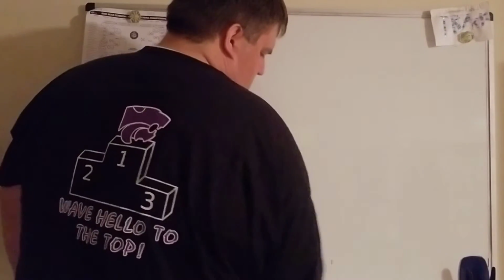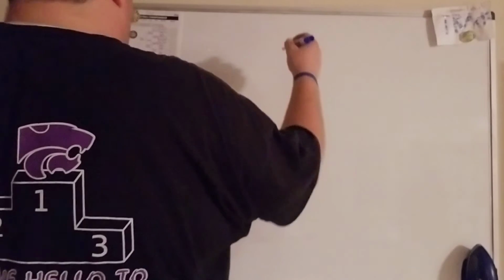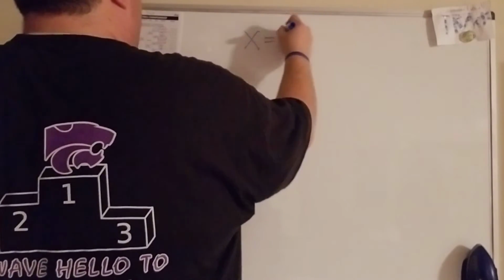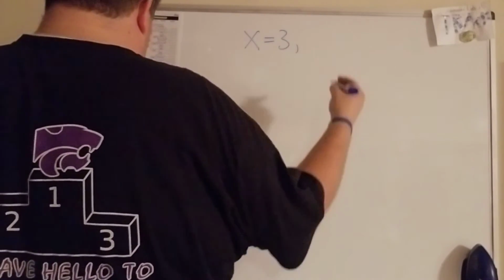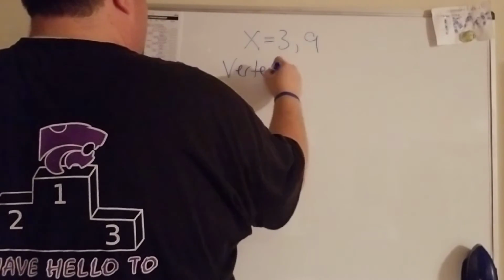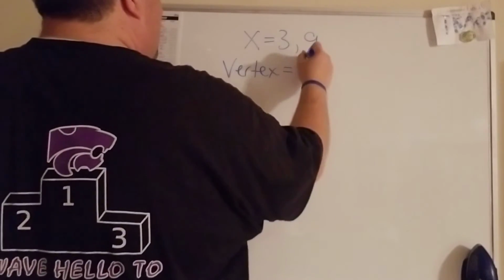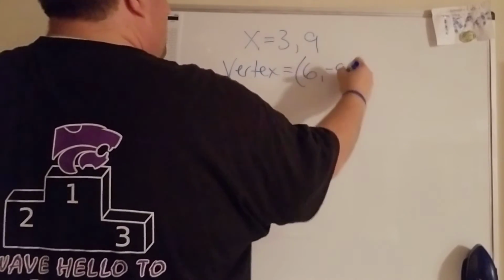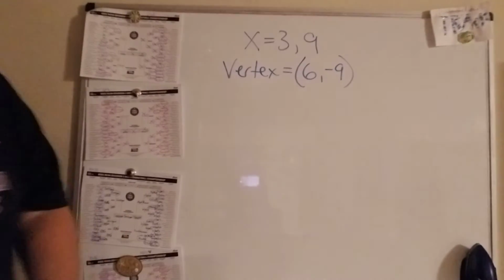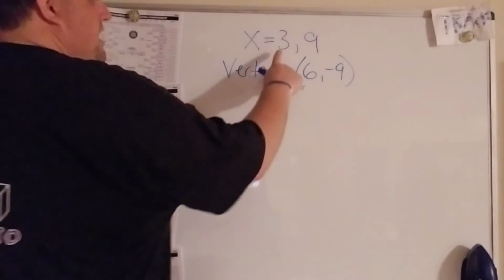So this time, my solutions are going to be x equals 3 and 9. And my vertex is going to be at 6, negative 9. Cool. So we're going to set it up.